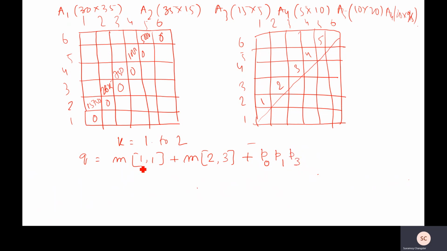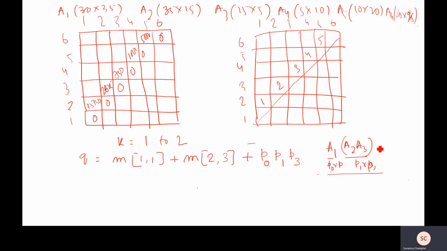So check what we are doing. M11, that is A1, and M23, that is A2 and A3 will be multiplied. Then we are multiplying A1 with this. So what is the dimension? P0 into p1, and this one is p1 into p3. So the number of multiplications required is p0 into p1 into p3.